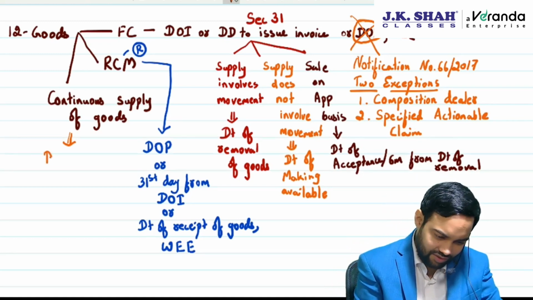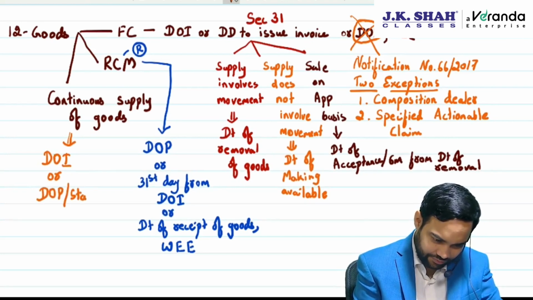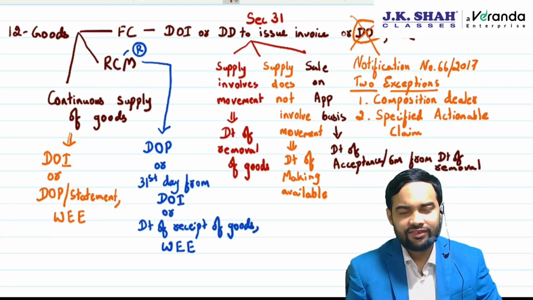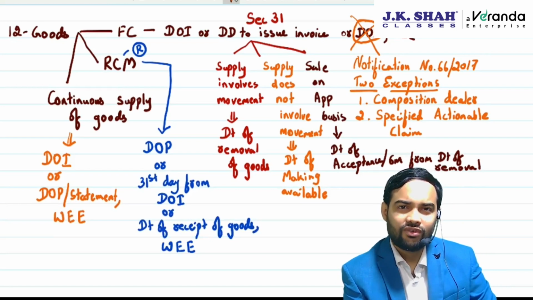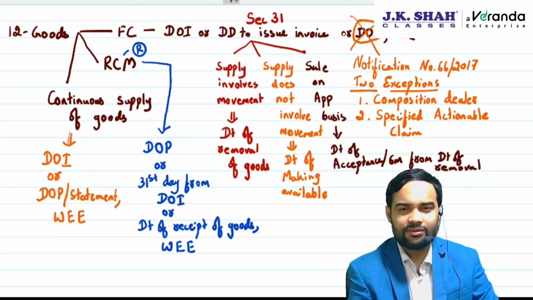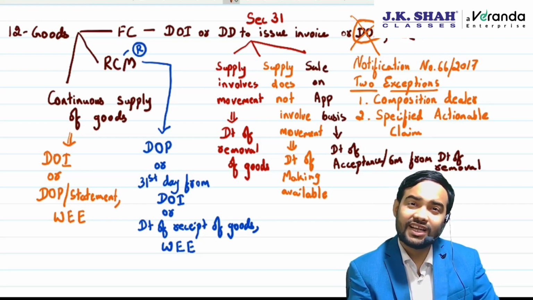Now, here we consider invoice date or payment date / statement date, because in this case sometimes a statement is issued giving the quantitative details of the whole transaction. That quantitative details will help us to arrive at the price, and it will be checked by the recipient as to whether he has received that quantity.